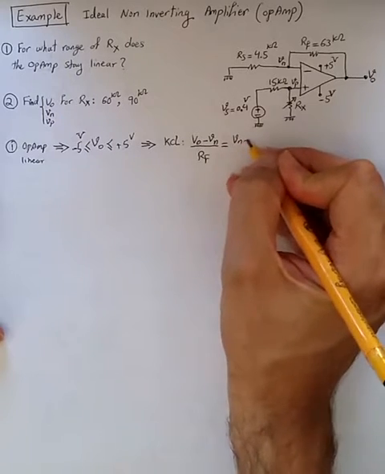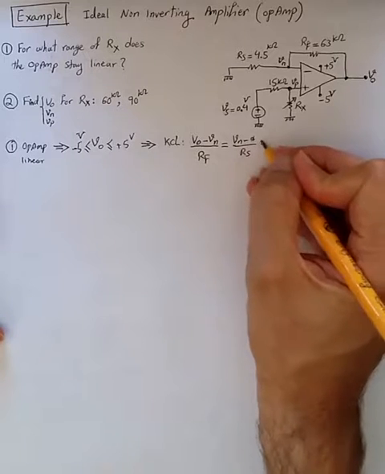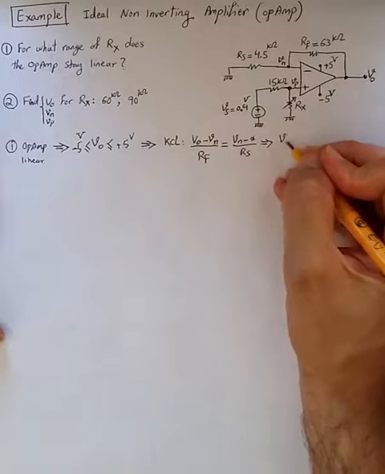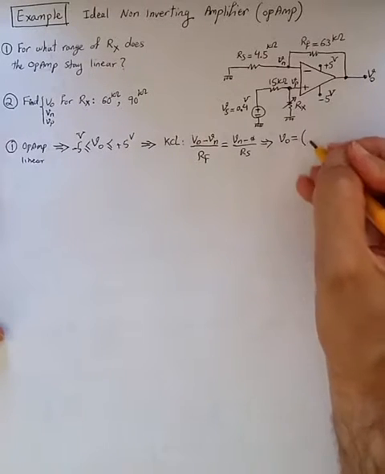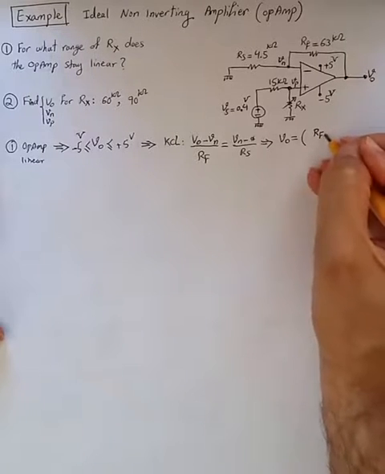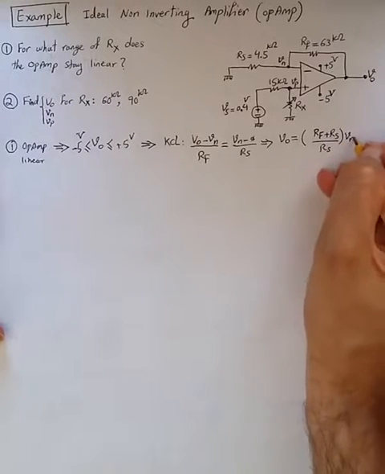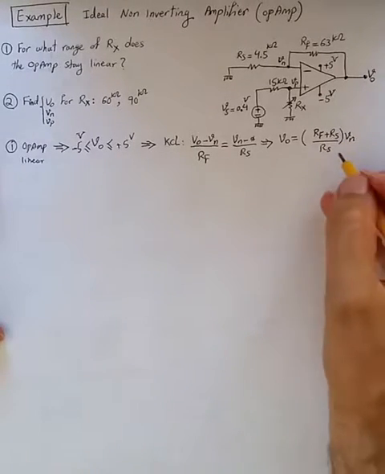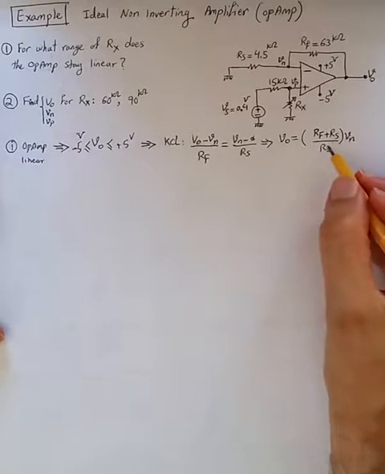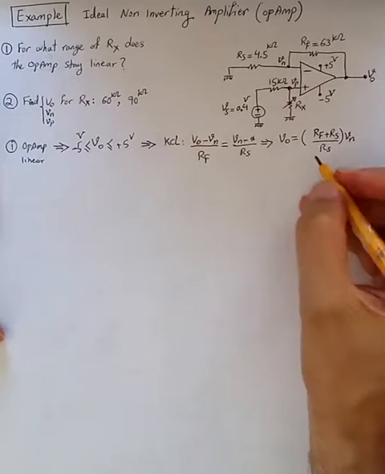So we have Vn minus 0 divided by Rs, and as expected, Vout is equal to Rf plus Rs over Rs times Vn. And this is, as expected, the gain from negative port to output port for an ideal non-inverting amplifier.